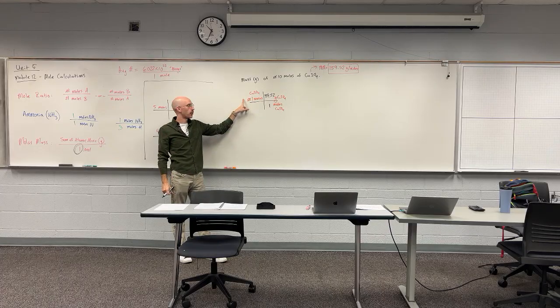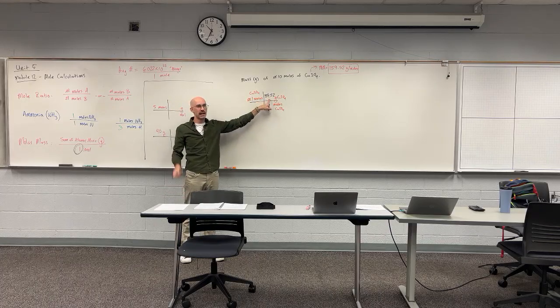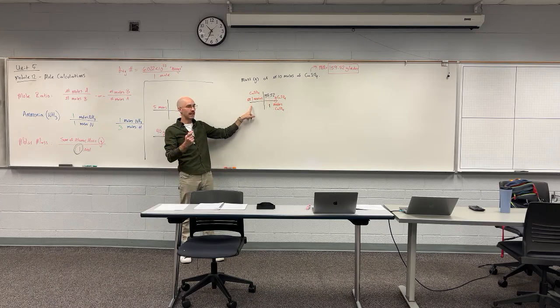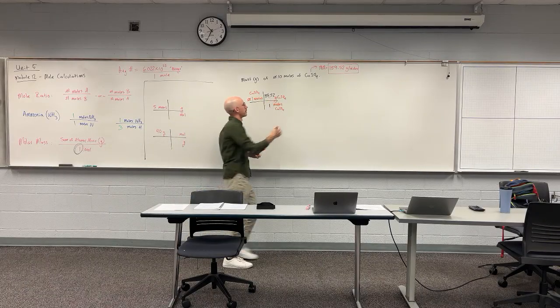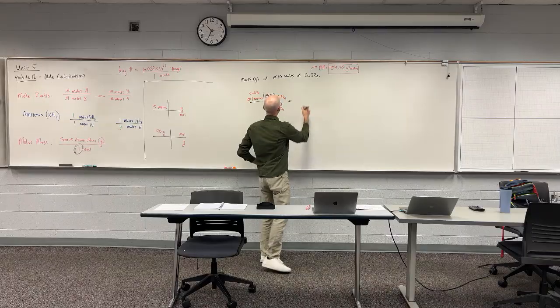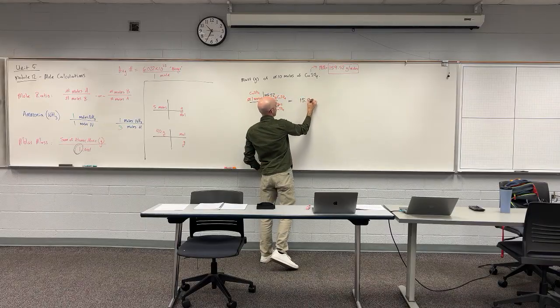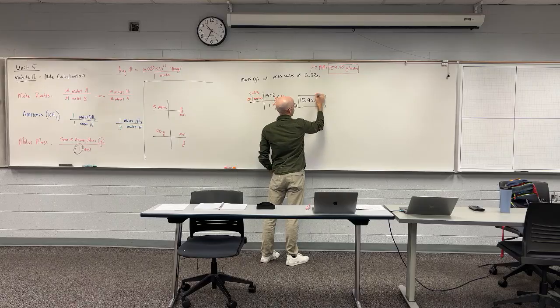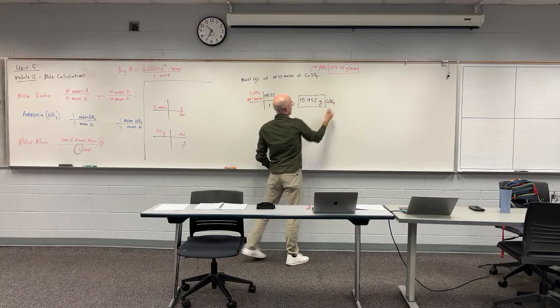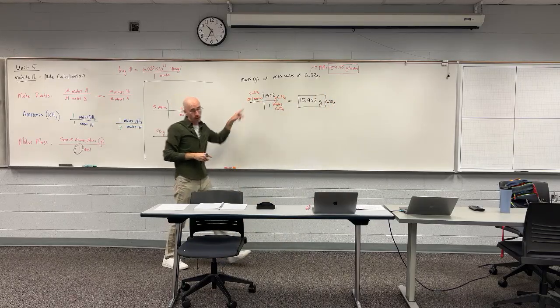Should my final number be larger than 159, equal to 159, or smaller than 159? Smaller. I have less than 1 mole. My mass should weigh less than 1 mole does. Not hard math to do here. 15.952 grams. Oh, with 0.1?